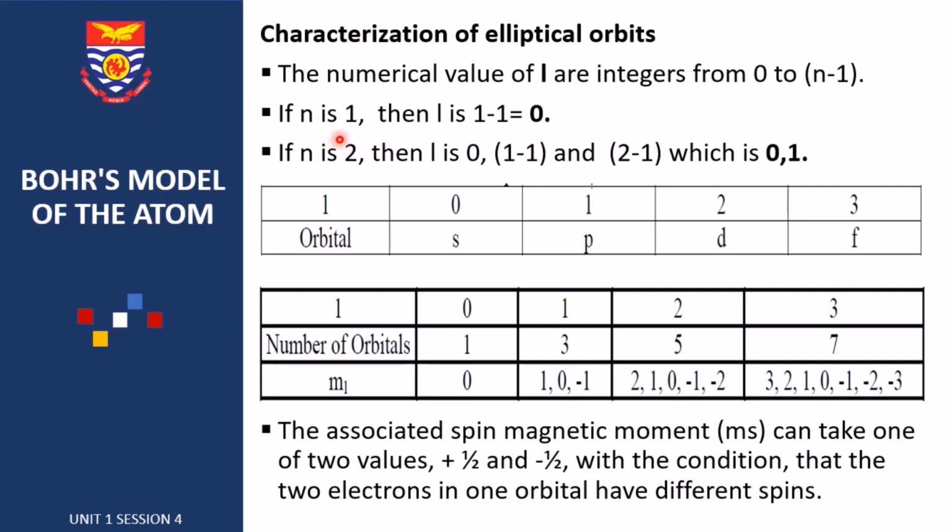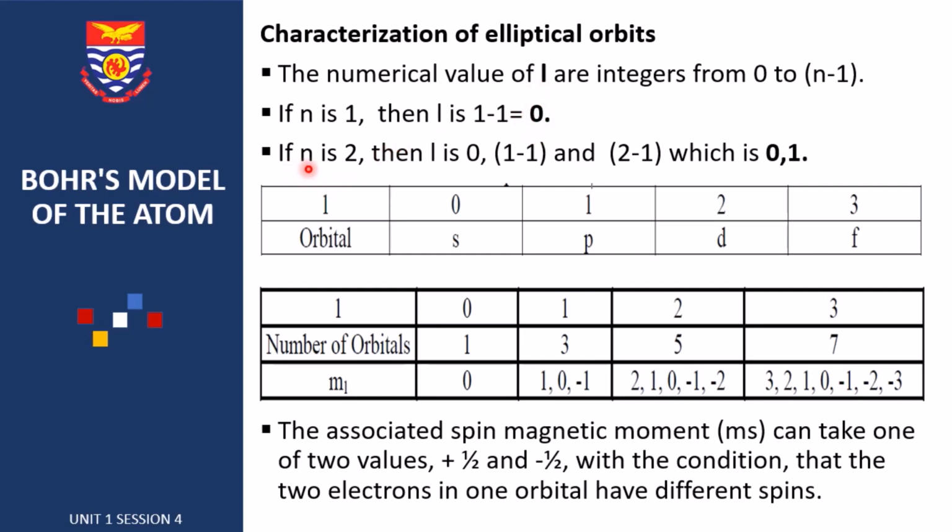So if our n is 1, then L will be 0 to n minus 1, which is 1 minus 1, and that is also 0, so we just represent it with 0. In conclusion, if the principal quantum number is 1, then the number of subshells within that energy level is 1, and it is represented by 0.